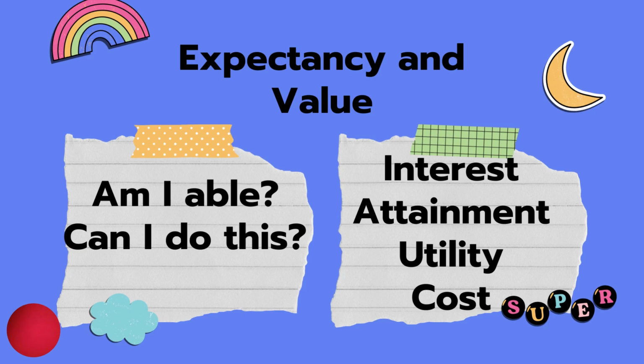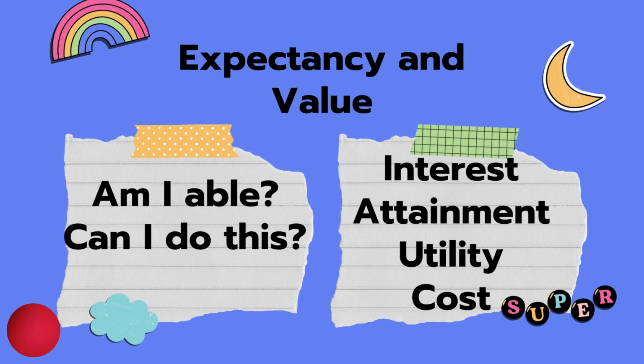And then the last theory we're going to talk about that we can use in our classroom is the expectancy and value motivation theory. So, expectancy refers to a person asking, can I do this? Am I able to succeed? The expectancy to do well, or that self perception of ability, is a very strong predictor of future success or failure.